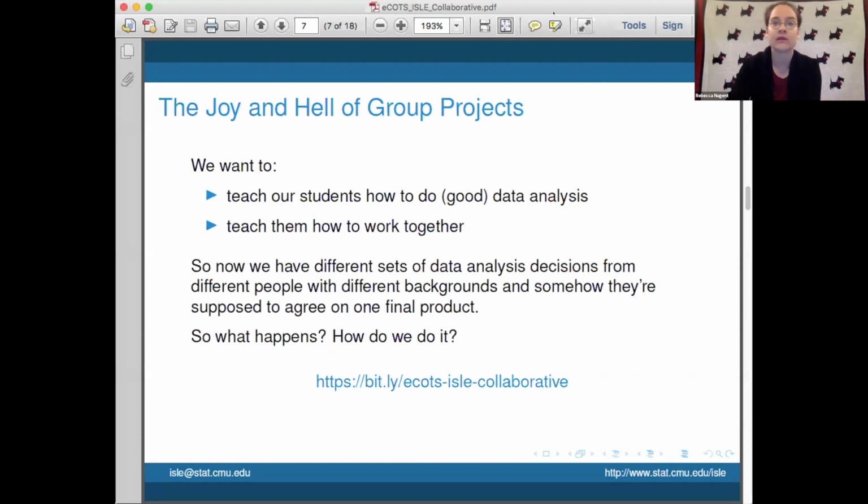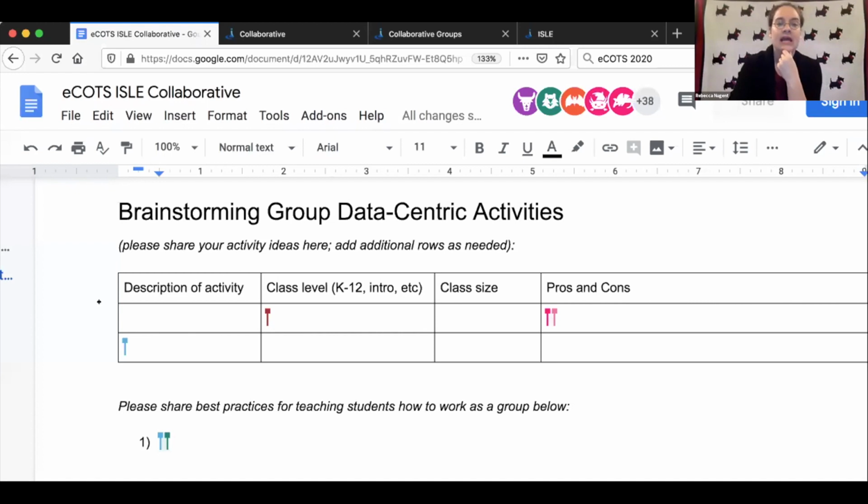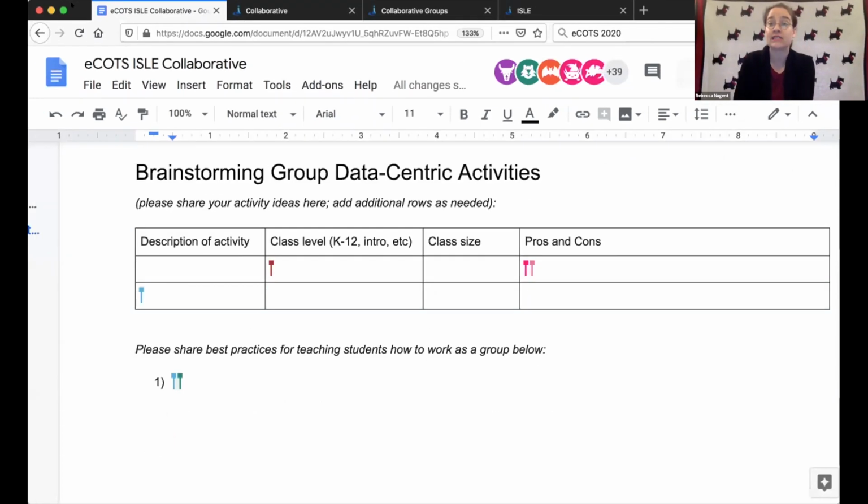So if we could get a little bit of group help here before I start showing what we are trying to do. Let me get, if we could go to this website. One thing I'd like people to do, if they have a good data analysis activity, a group activity that's data-centric, that they think would be useful for the group to know about, it'd be wonderful if we could leave it in this Google Doc so that people could share some wisdom here.